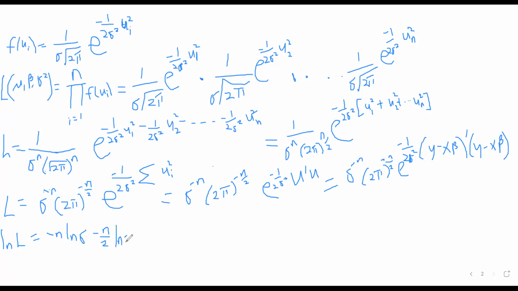So this ln of 2 pi, then minus 1 over 2 sigma squared (y minus x beta) transpose (y minus x beta). Remember the e and the log, when they meet, they cancel, so I'm left with this.